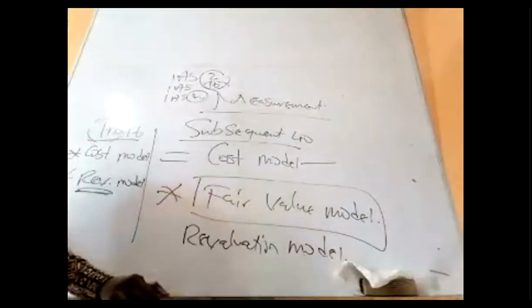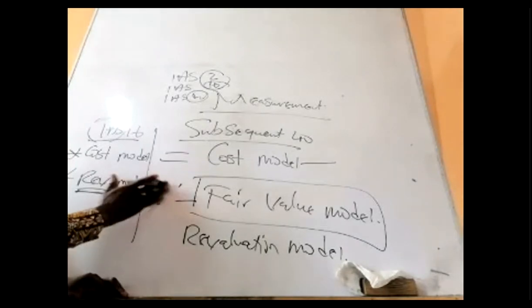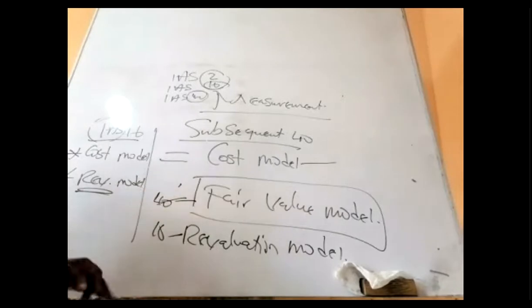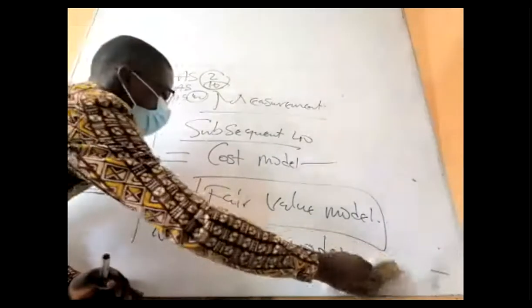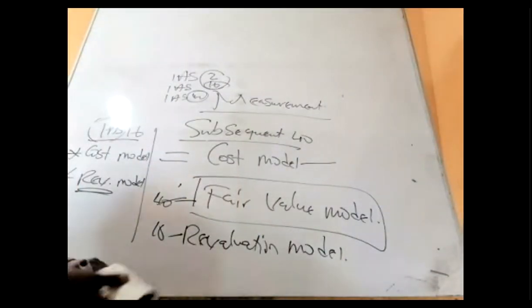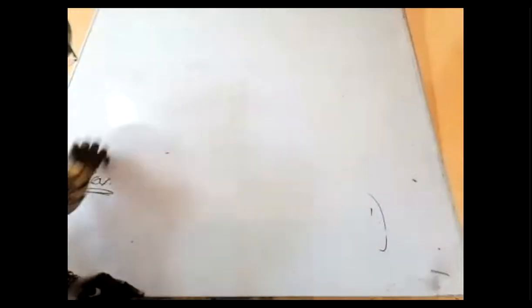Now, when they ask you for the difference, don't tell us that one is IAS 16 and one is IAS 40. Let's look at a few differences and back them with illustration. After the differences, I'll solve two questions and then we are out of IAS 40 and start a different standard.